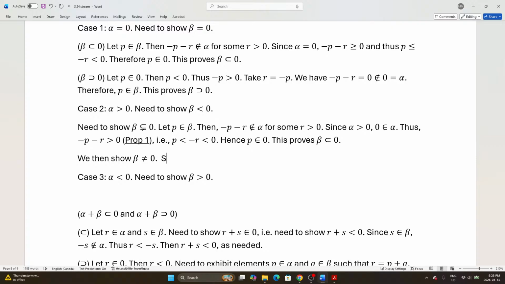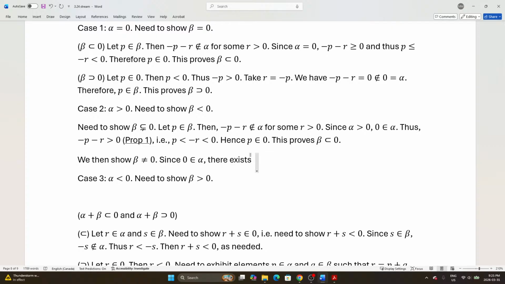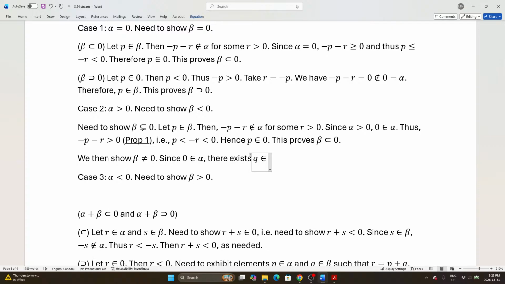Since 0 is in alpha, as we argued earlier, there exists something that is greater than 0 and is still in alpha. I already have p, so let's write q. There exists a q in alpha with q greater than 0.